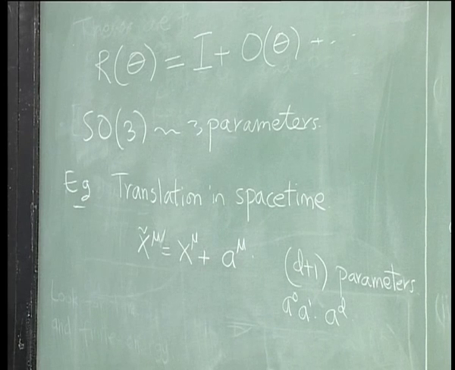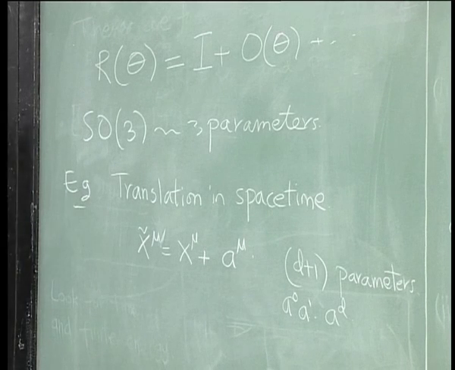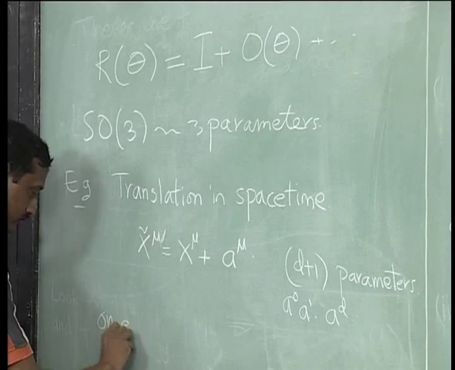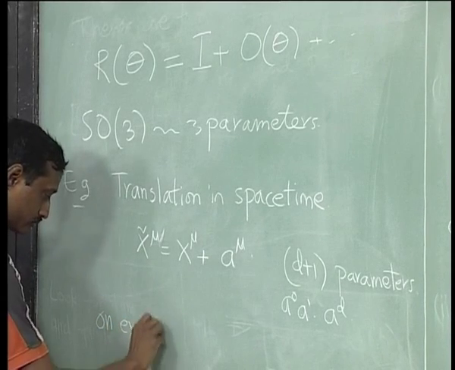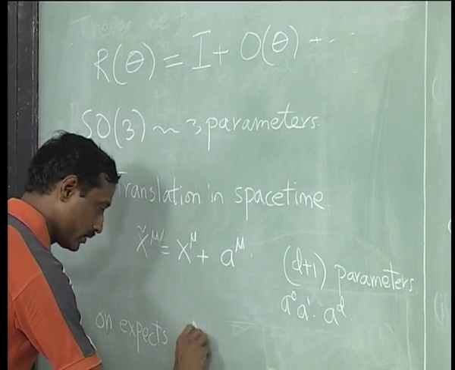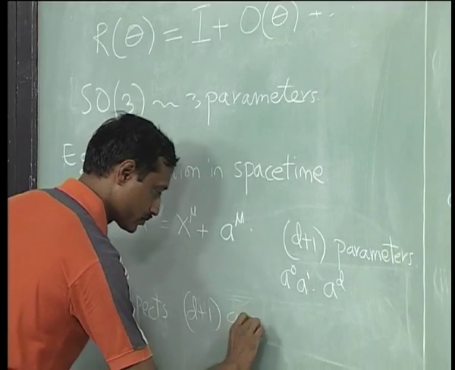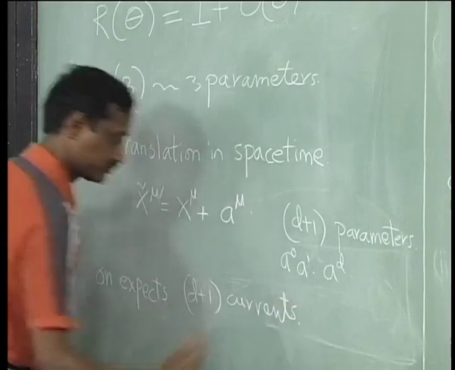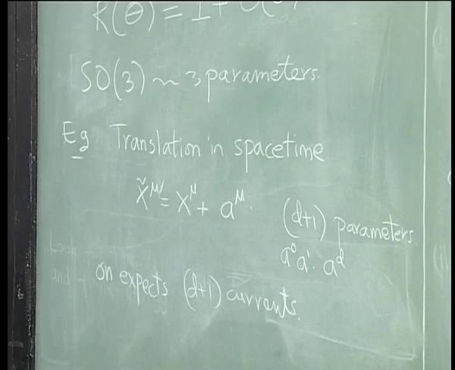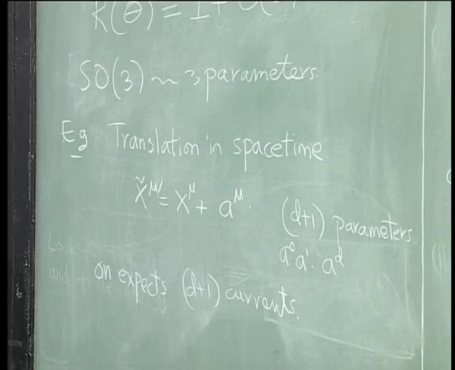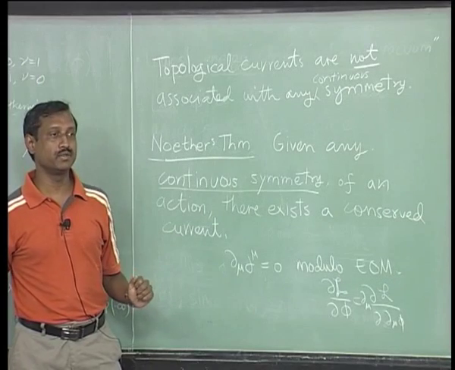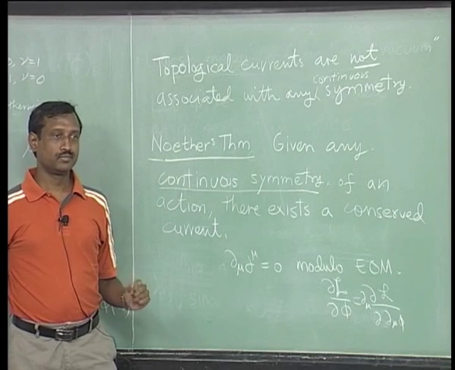So what one expects is d plus 1 currents. Now the current should carry an extra label, which is the parameter label.